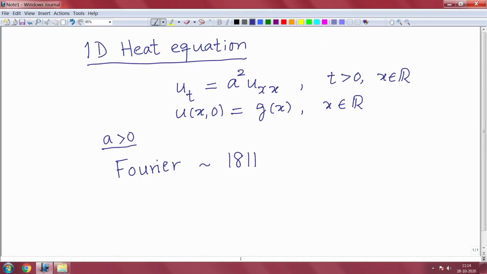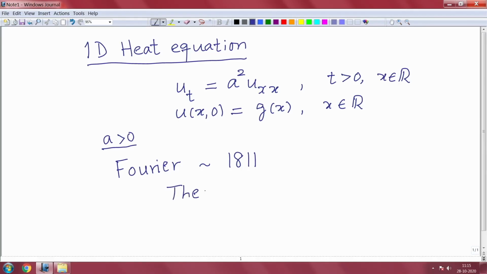There he derives this equation using Newton's law of cooling. Most of the things we study now, like Fourier series and Fourier transform, all appear in this work, which is in French.